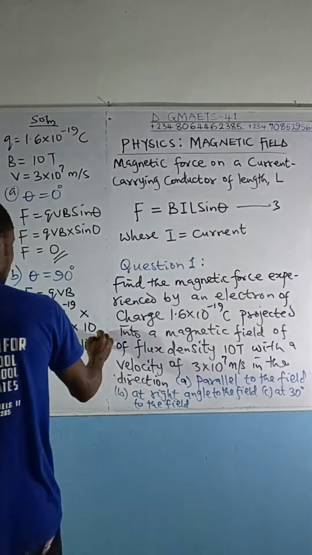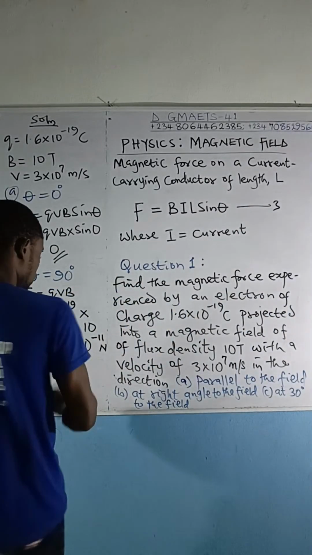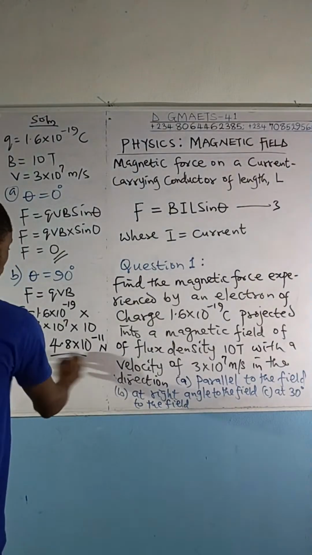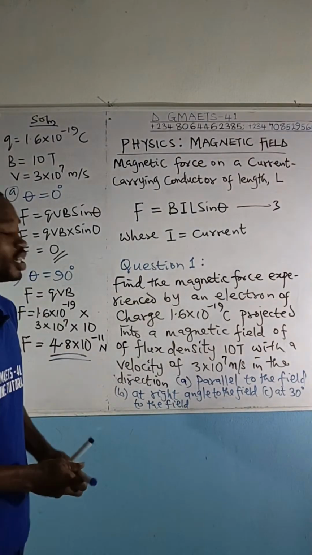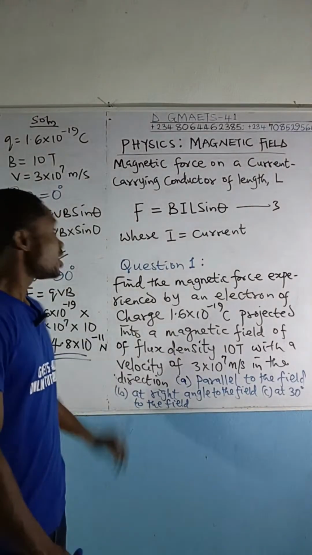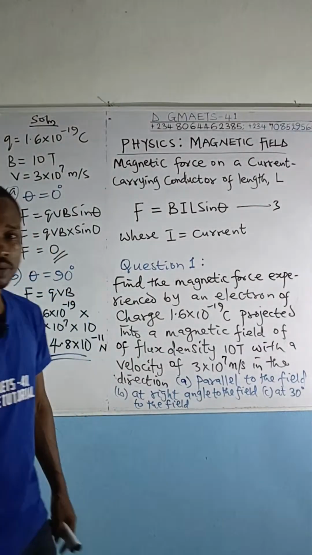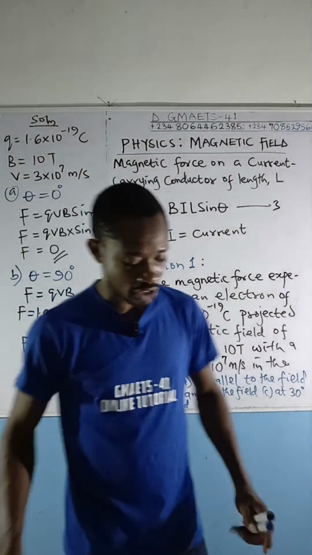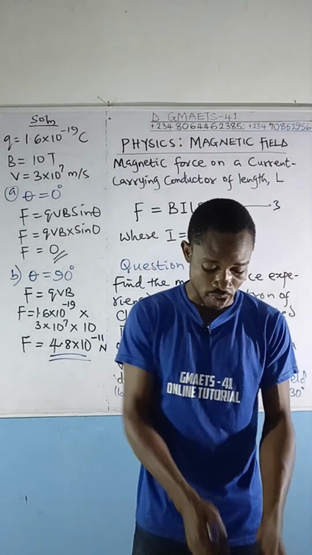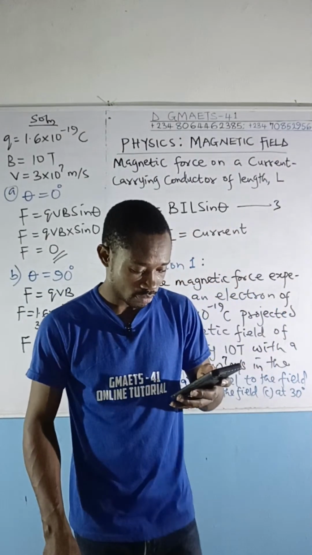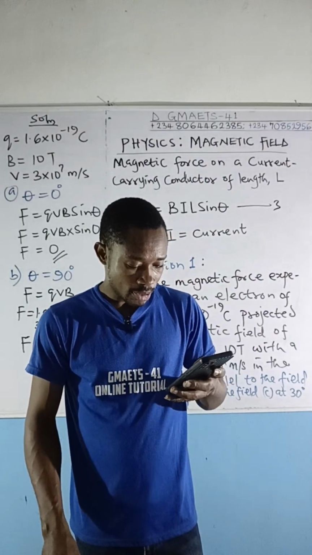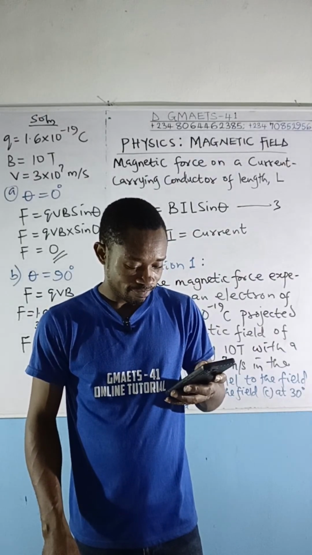So this is going to be 4.8 times 10 to the power of minus 11 Newton. And this force value, the force acting on the charge in this case, is actually the maximum force, since the charge is moving at right angles to the field.